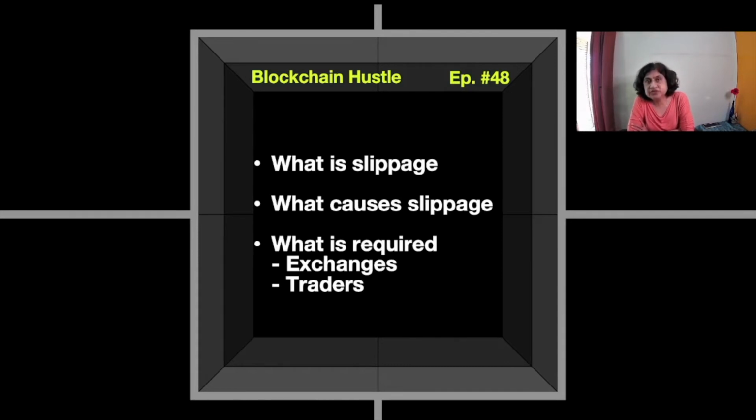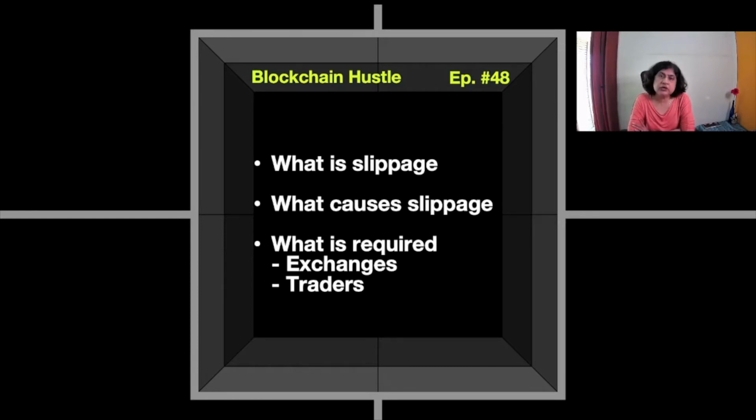It is the difference between the highest bid and the lowest ask. So when this difference changes in that short interim between your placing the order and the trade getting executed, then slippage occurs. That would happen mostly when your markets are very volatile.